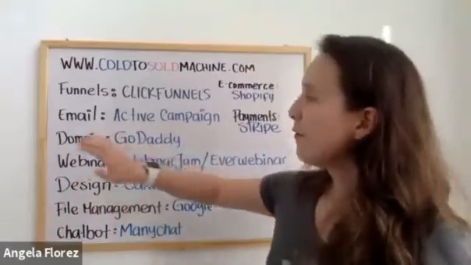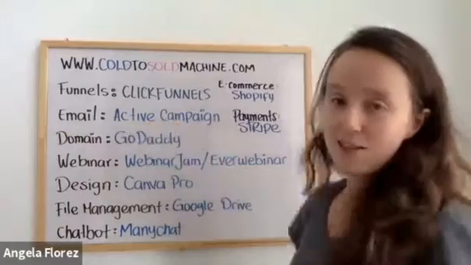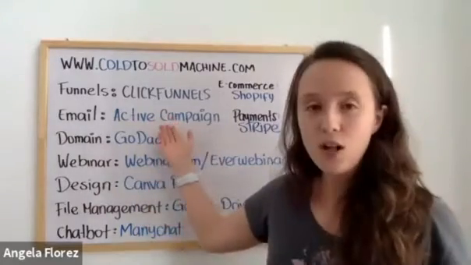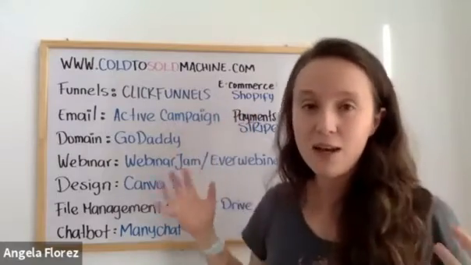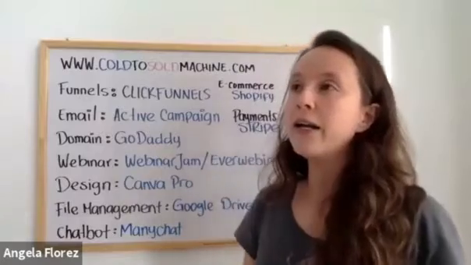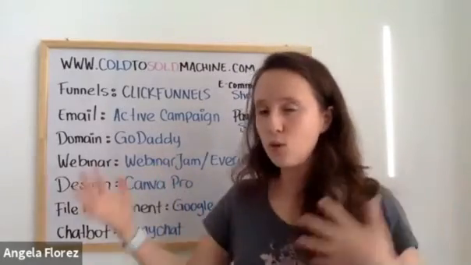So our favorite email autoresponder of all time is ActiveCampaign, and it's actually quite cheap. You can pay $9 a month for the basic package, like 1,000 contacts. That's really, really good. Most of the autoresponders are like $49 a month for up to 1,000 or 2,000 contacts.